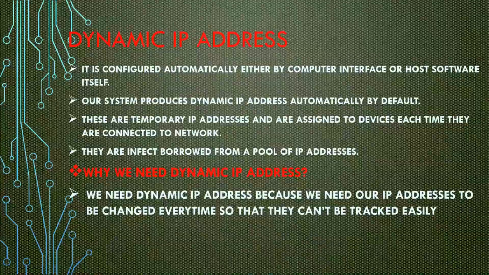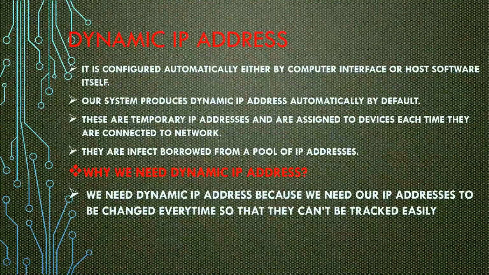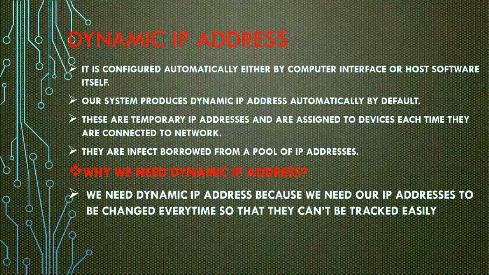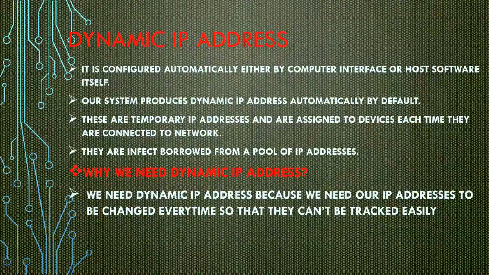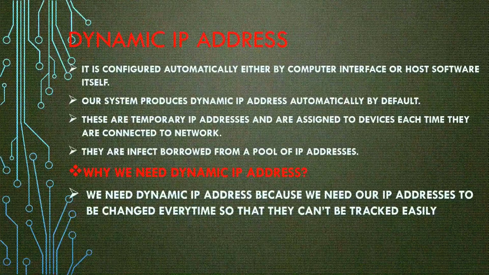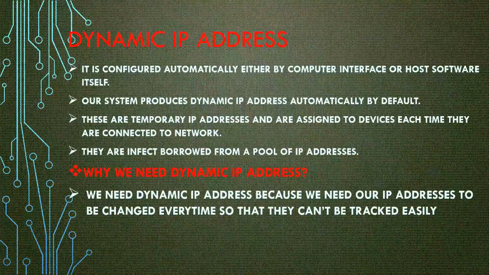For example, I connect my device to my router, and it assigns one IP address. The next time I connect to my router, it assigns another IP address to my device. Thus, it always changes. It never remains the same.